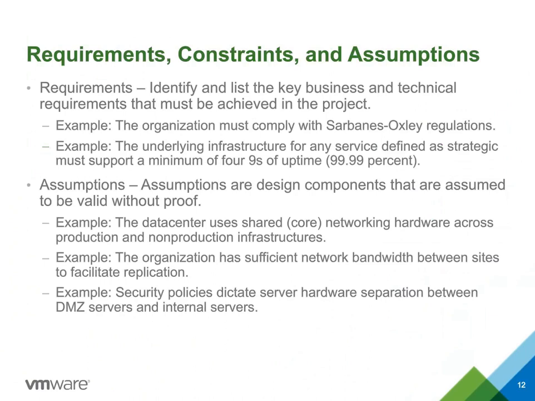To give some examples here, going with the second to last bullet, it's quite possible in the design sessions that the architect and customer may identify that there are multiple data centers involved in the virtualization project, and that there needs to be sufficient network bandwidth with low enough latency between those.